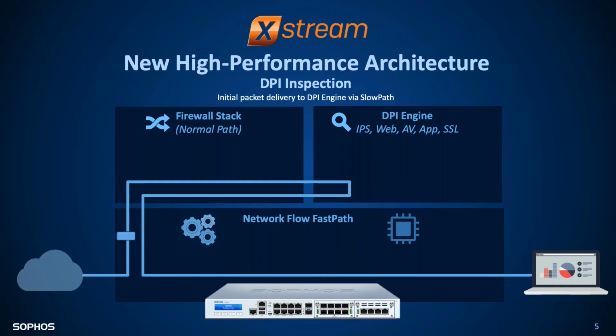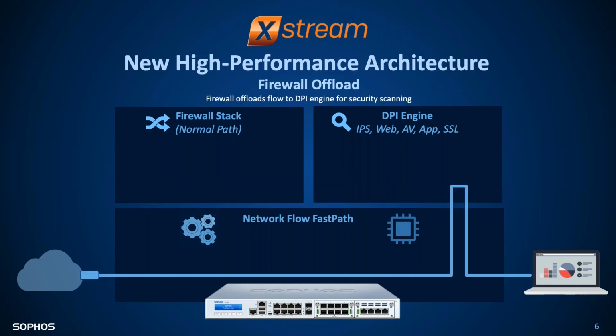So what you're seeing here is that we would consider the normal path, and it's only used on the initial few packets. And after that, the firewall stack can step out of the way. So we are technically removing a kernel path off the data path, so it's no longer in place. And it can instruct the fast path to forward the traffic directly to the DPI engine.